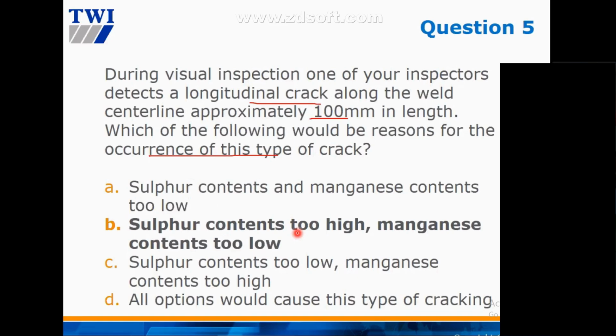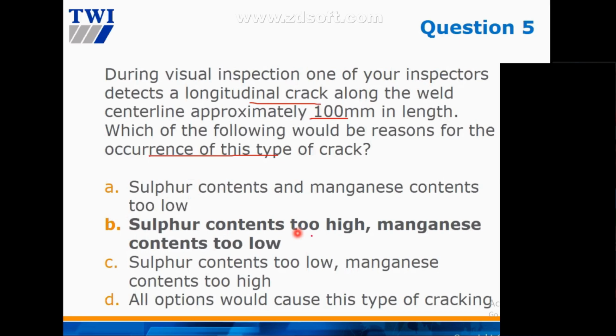If you have an electrode with high manganese, manganese will form a spherical ball in order to tie the grain structure. So that's the purpose of manganese. If we have high manganese, that's very good to avoid solidification cracking.